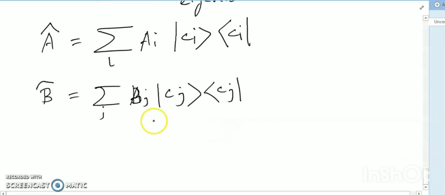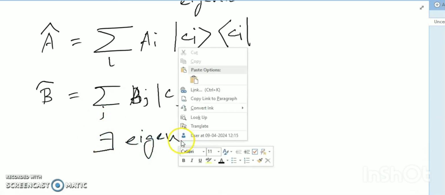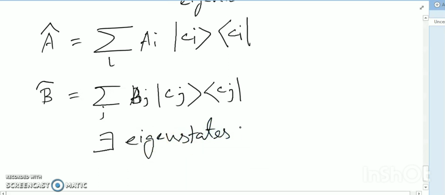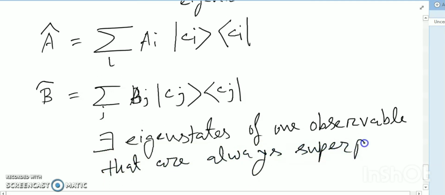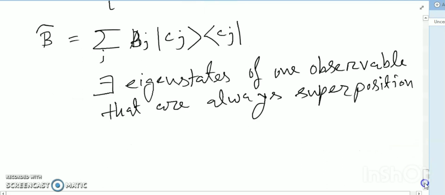Very important: if two operators don't commute, that means there exist eigenstates of one observable that are always in a superposition of the other's eigenstates.